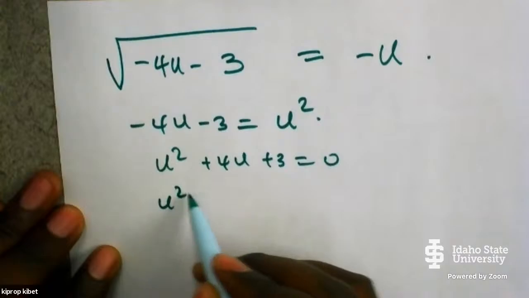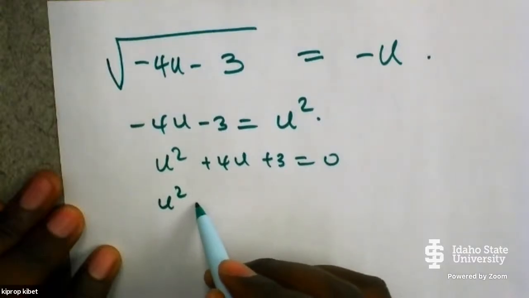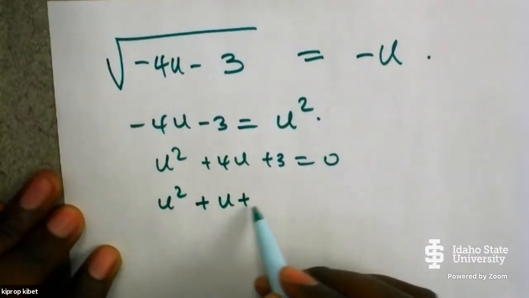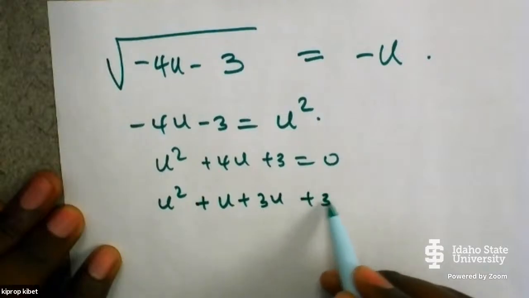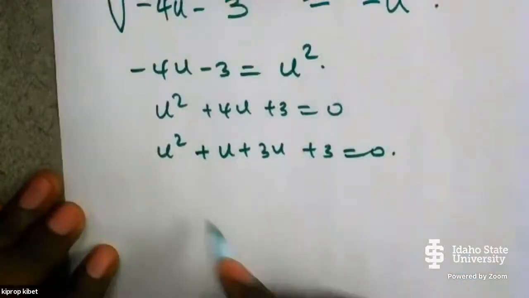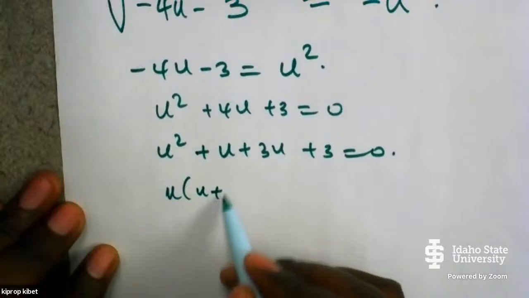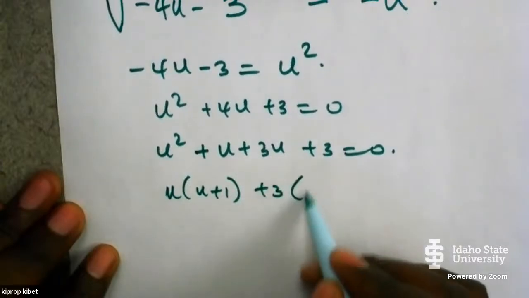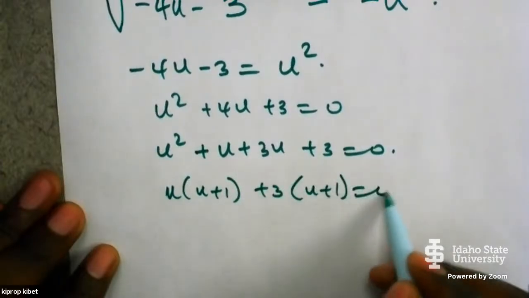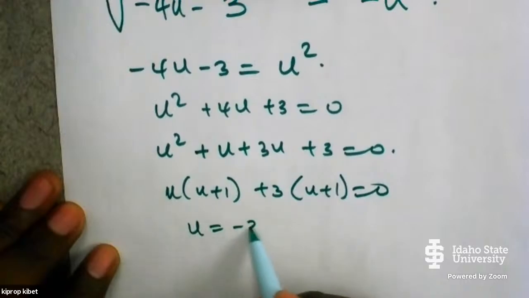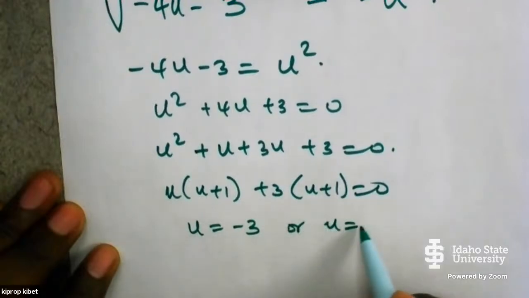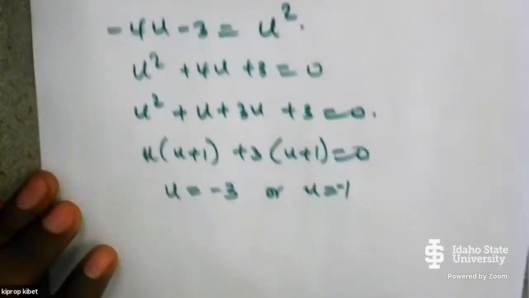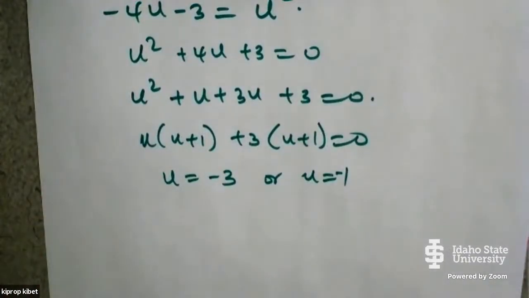So u squared plus u plus 3u plus 3 equals 0, so u plus 1 times u plus 3 equals 0. So u equals minus 3 or u equals minus 1.